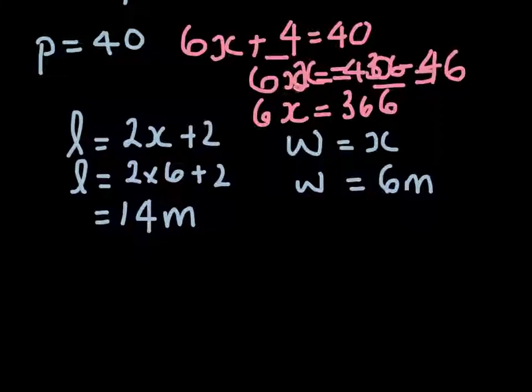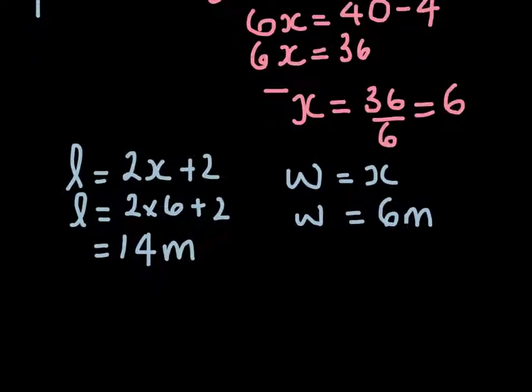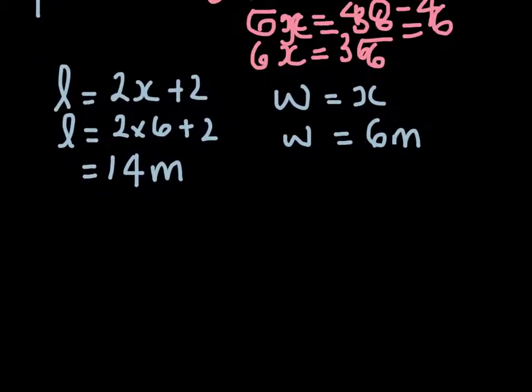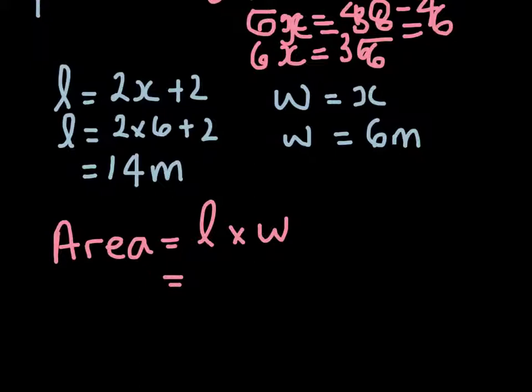Oh, that didn't work very nicely, did it? Move that one up a bit and then that one up a bit. Okay, the last part here we have to do, use your length and width to find the area of the chicken run. How do we find out area? Area is length times width, which is 14 times 6.